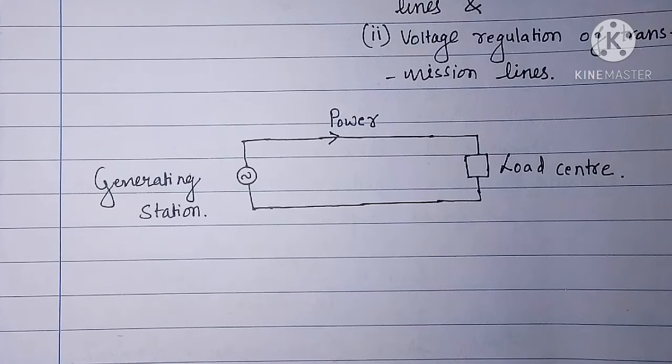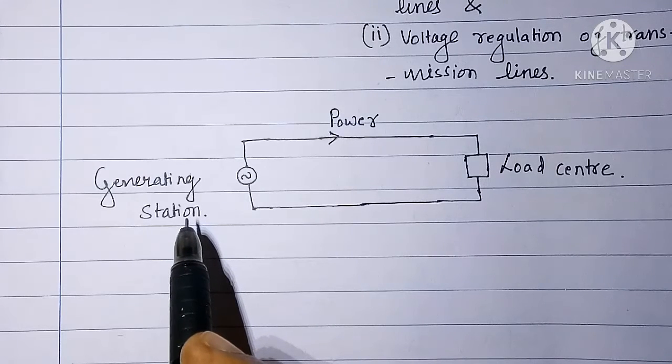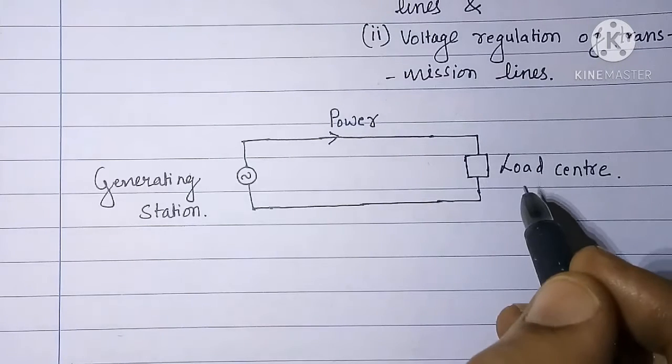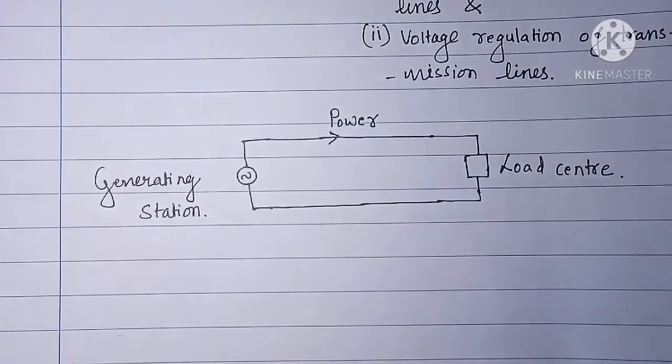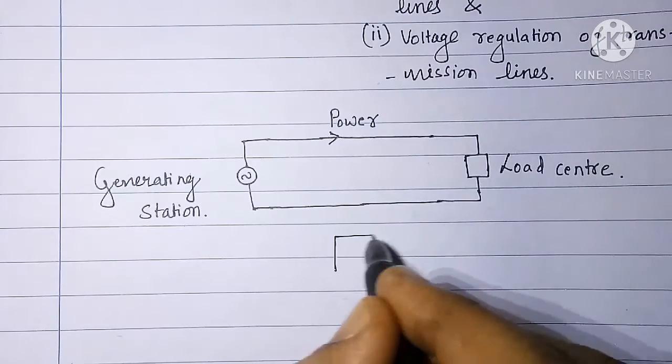When the power flows through these power transmission lines, there will be loss of power, which means that all the power that is generated by the generating station will not be reaching the load center, which we can put in this way on paper.